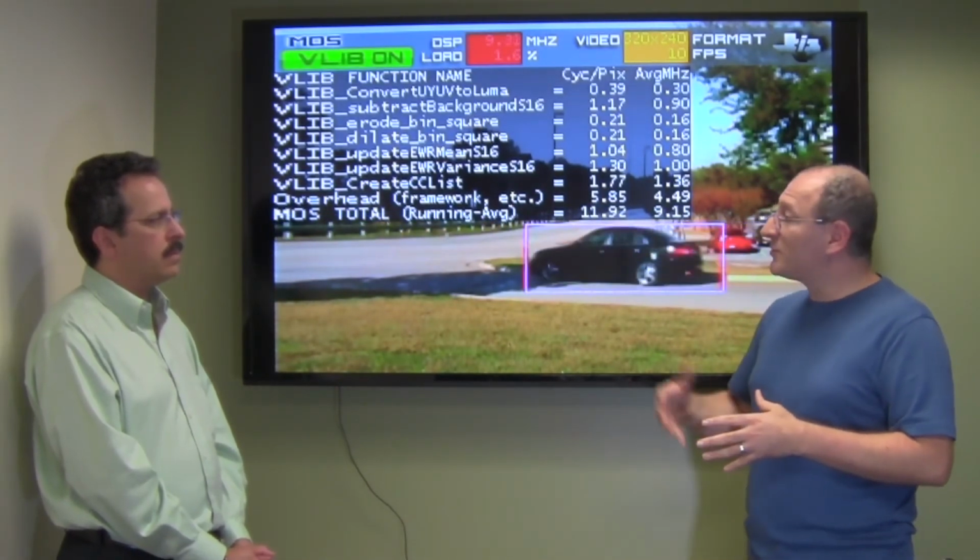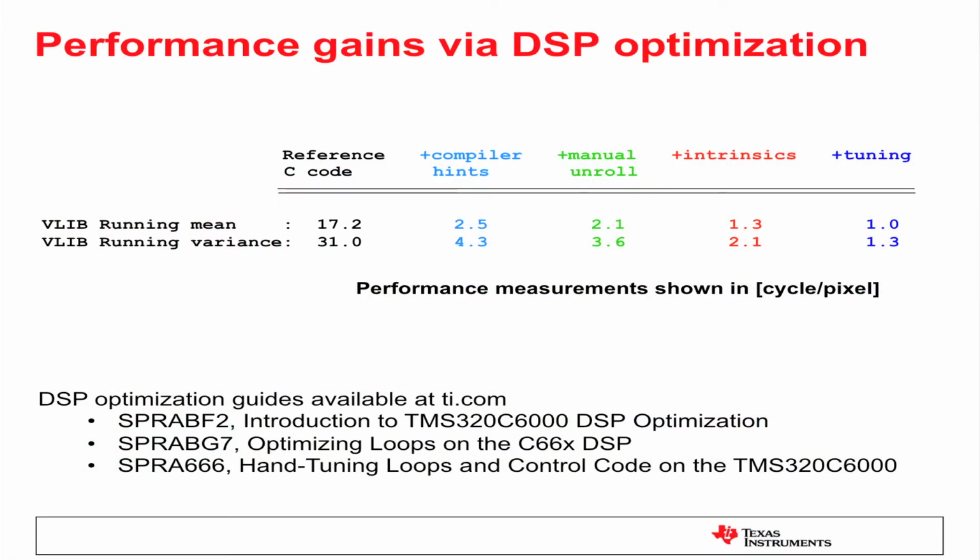And here I'd like to put in a slide to show what kind of optimization progress one can expect. The 2 functions I'm showing here happen to come from this exact application, the running mean and variance. In these different columns, what we are showing is the progression of the optimization level.